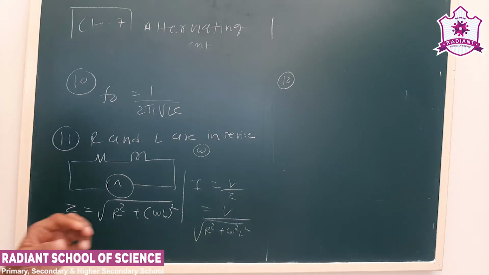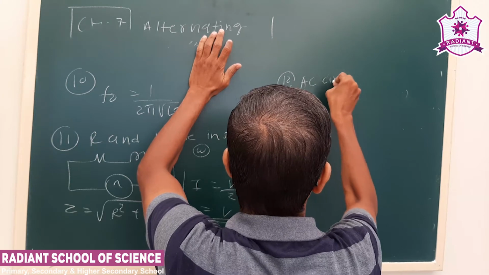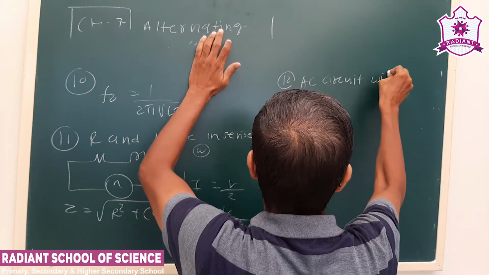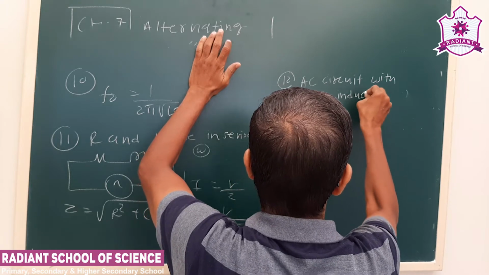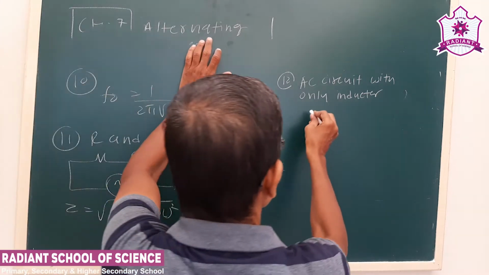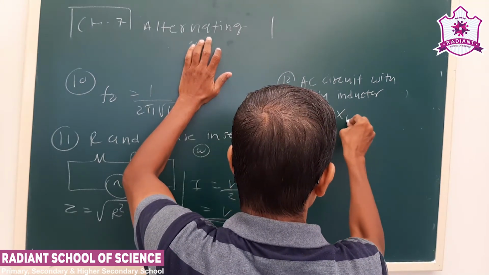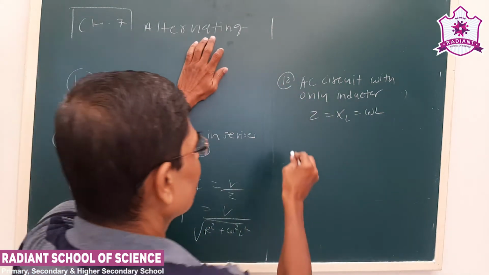See, there is a circuit with only inductor, AC circuit. Okay, now AC circuit with only inductor, impedance there will be XL or omega L. Okay, now the phase difference is pi by 2. Why?